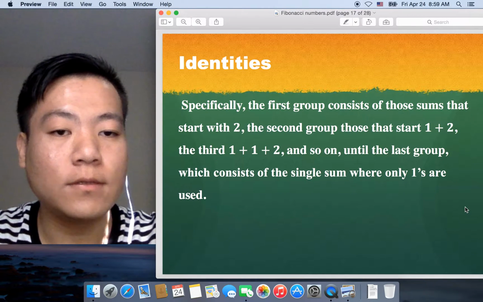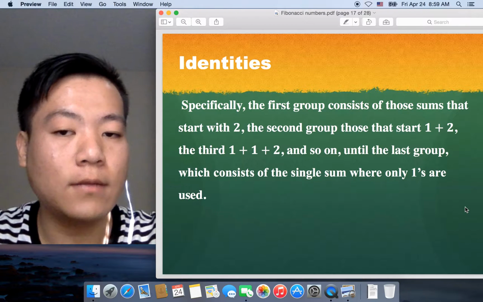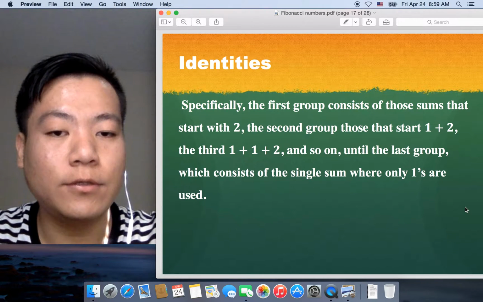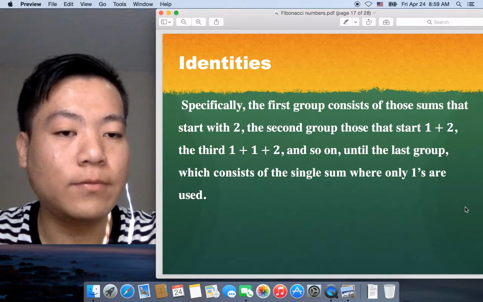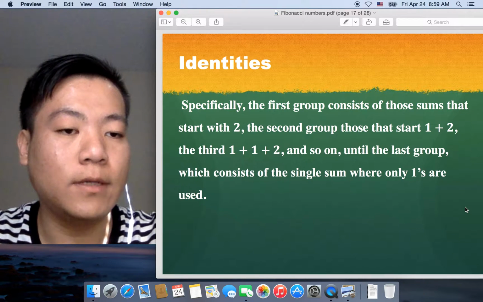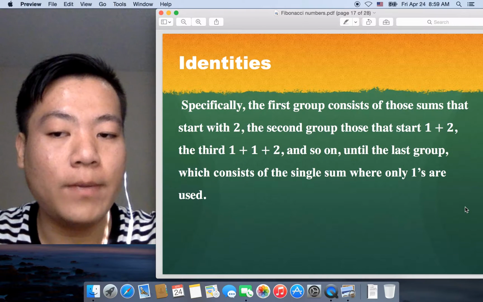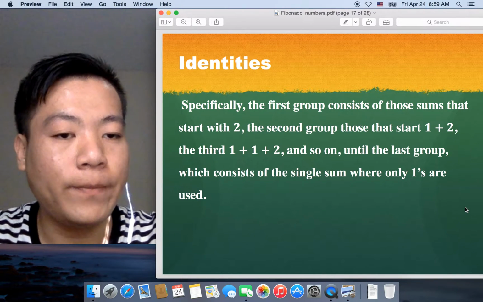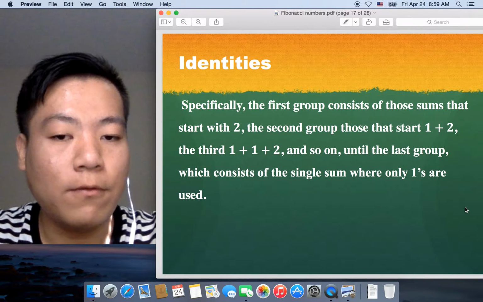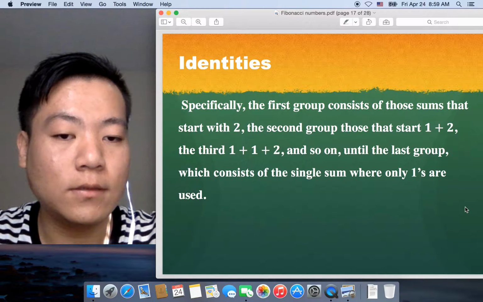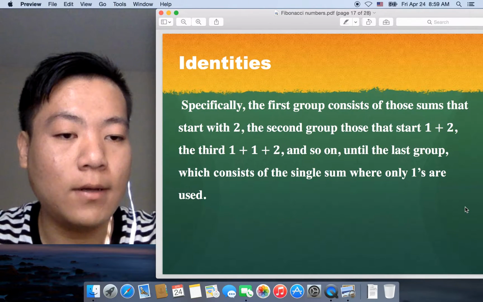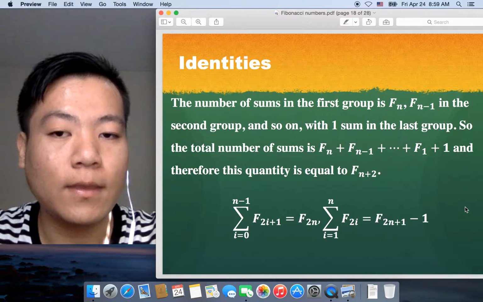Superficially, the first group consists of those sums that start with 2, the second group those that start with 1 plus 2, the third start with 1 plus 1 plus 2, and so on, until the last group, which consists of the single sum where only ones are used.